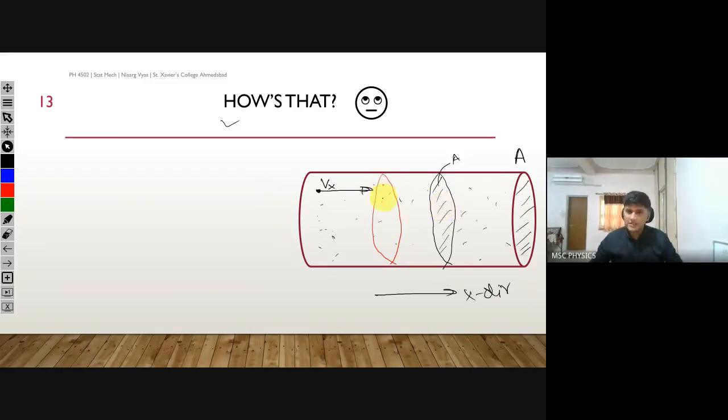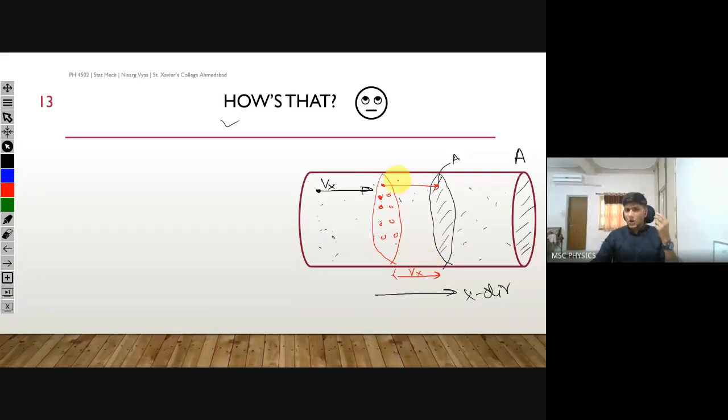All the particles sitting on this plane, and the plane is at the distance Vx away from this cross section, will travel this much distance in 1 second, because they are flowing with a constant velocity Vx. So all the particles on this plane will definitely cross this cross section.